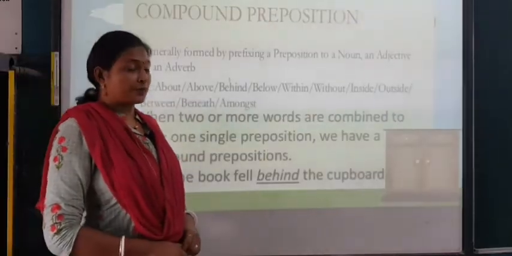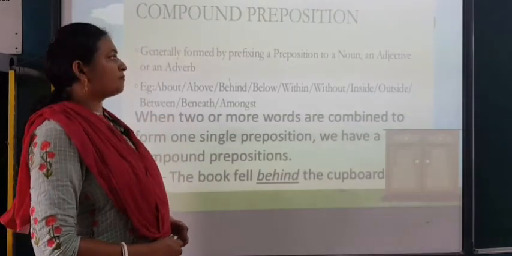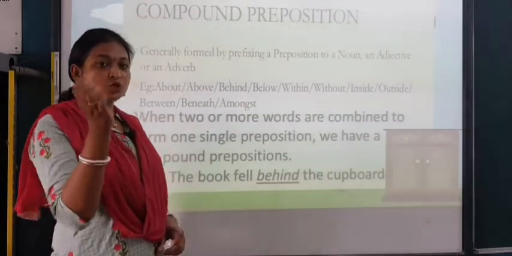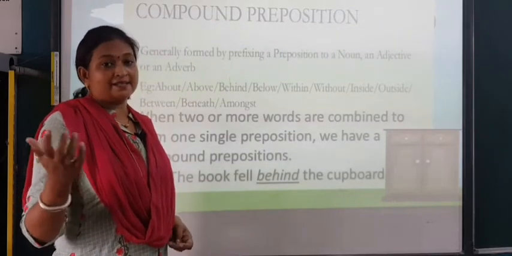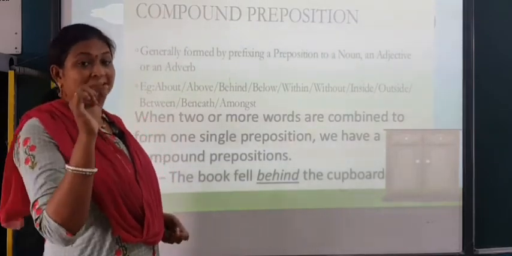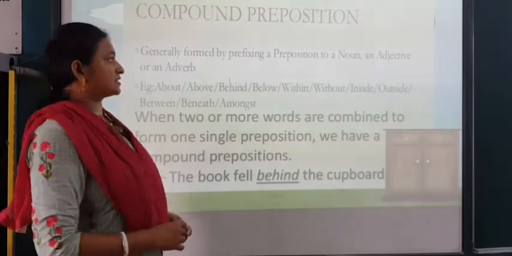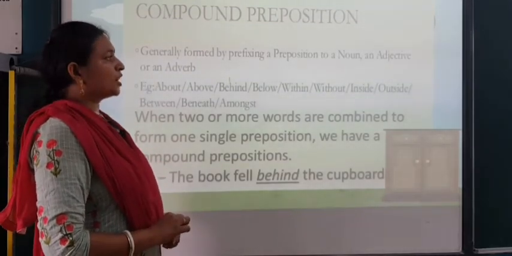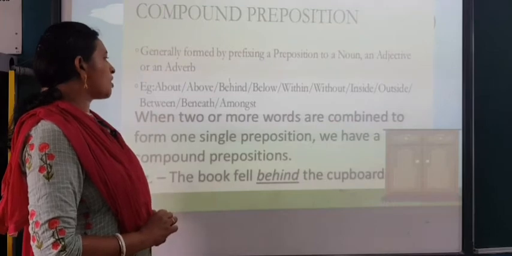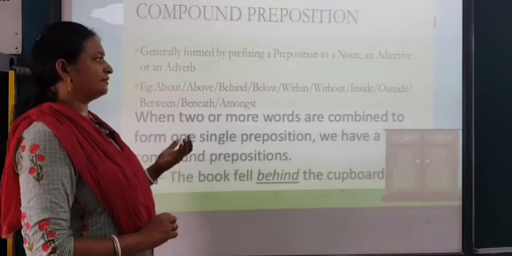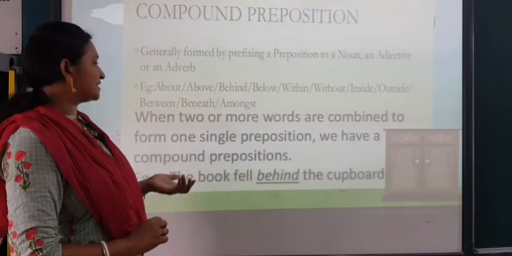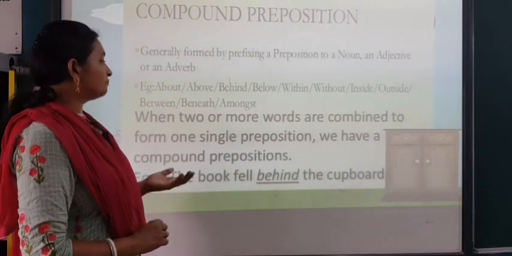Now, a compound preposition is generally formed by prefixing. Prefixing means words used at the beginning, like illiterate, dishonest. So ill, dis, these are all prefixes. A preposition is prefixed to a noun, an adjective or an adverb. For example, about, above, behind, below, within, without, inside, outside, between, beneath, amongst.